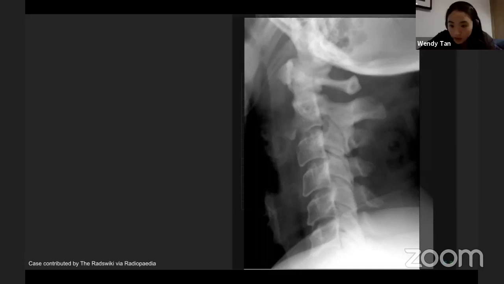Somebody said compression fracture at C2-3, posterior line not aligned at C3, no laminar alignment. Okay, so that's good that you're trying to articulate it using the alignments.